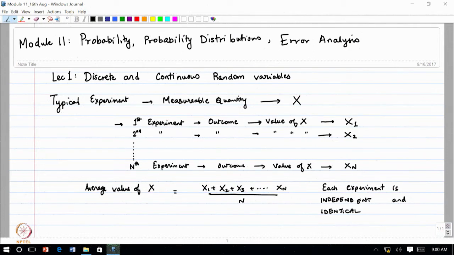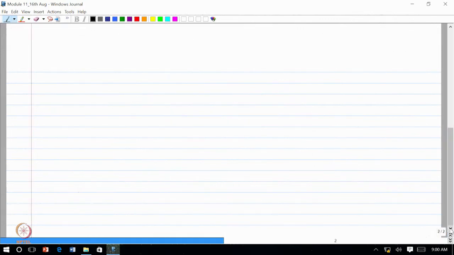What that means is you do each experiment exactly the same way, and the second experiment value should not depend on what you got the first time. Under these conditions you can use the average, you can define it in this way, and this is what you report.